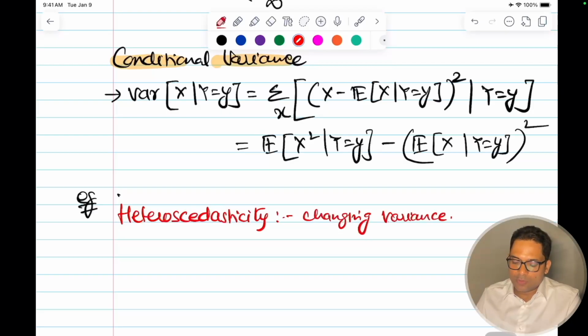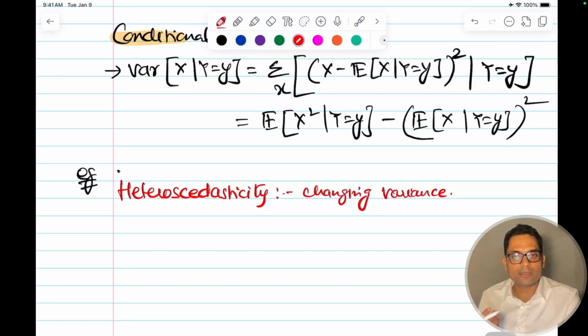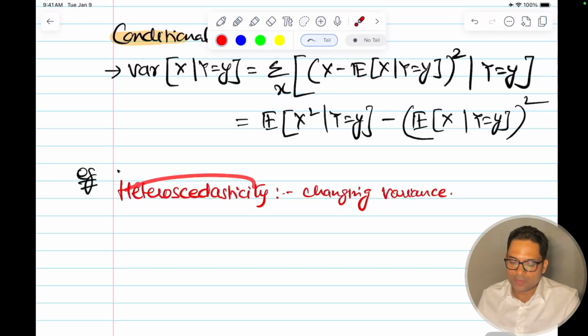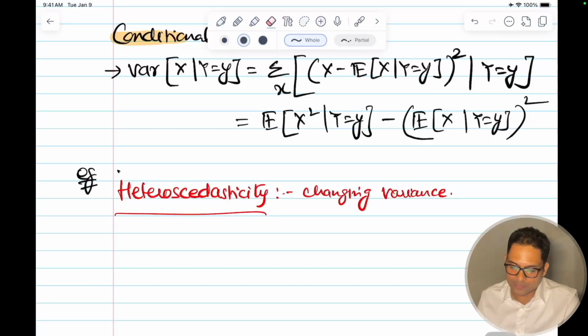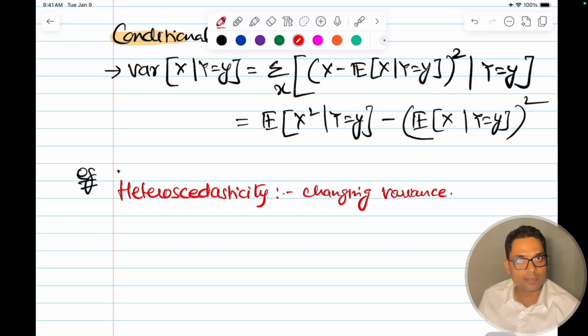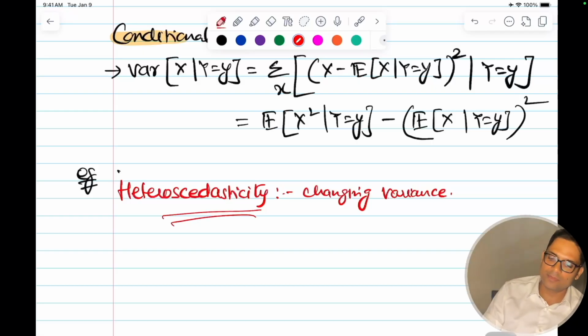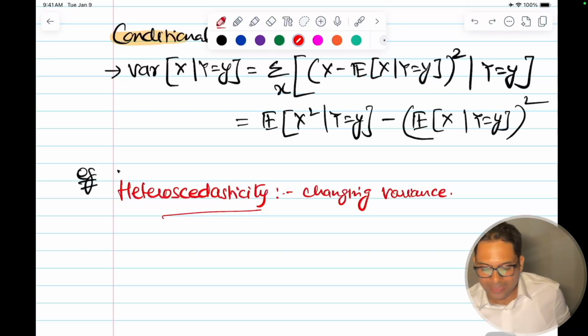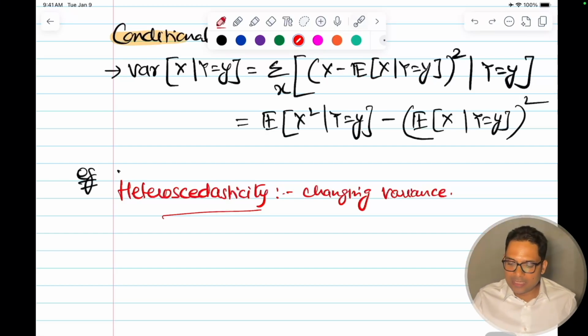When we learn linear regression, this is one of the assumptions. So why is it important to understand the conditional expectation of variance? It will make sense when we discuss heteroscedasticity, that is, changing variance.